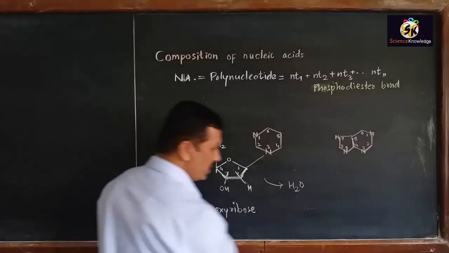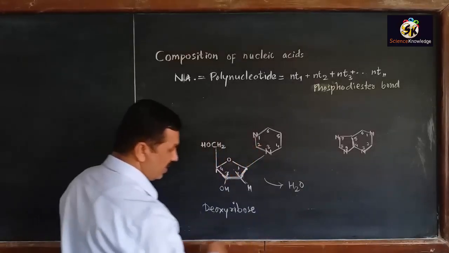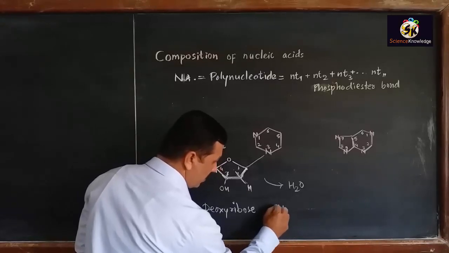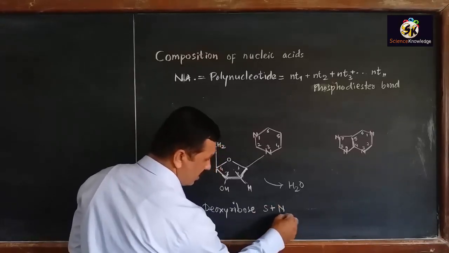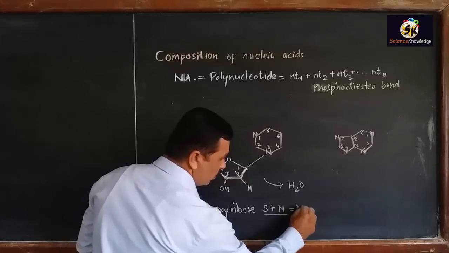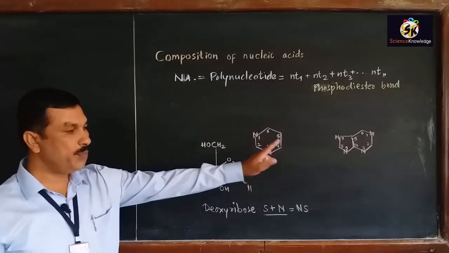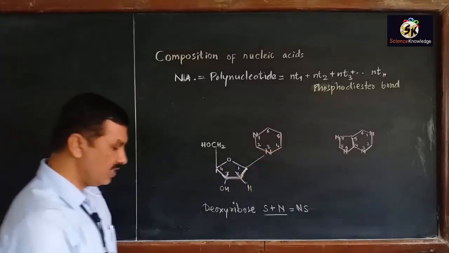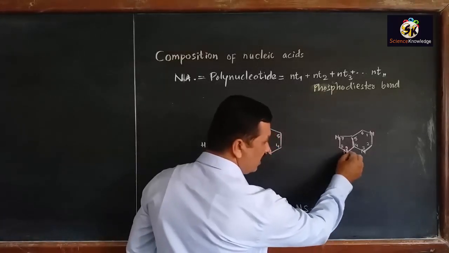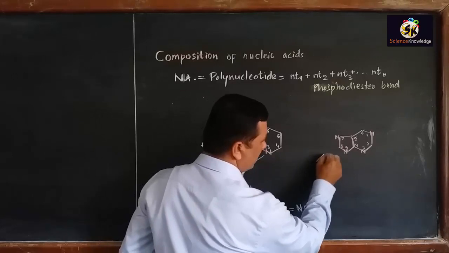Okay. So in this way, a nitrogen base plus sugar produces a nucleoside. Now note that whenever a purine interacts with sugar, the 9th nitrogen takes part in the reaction.